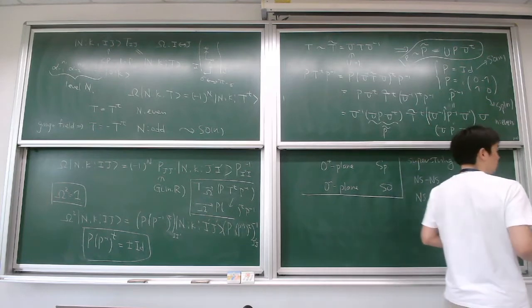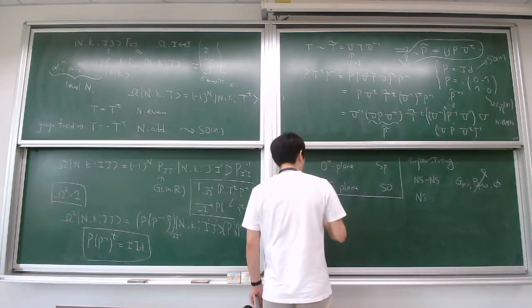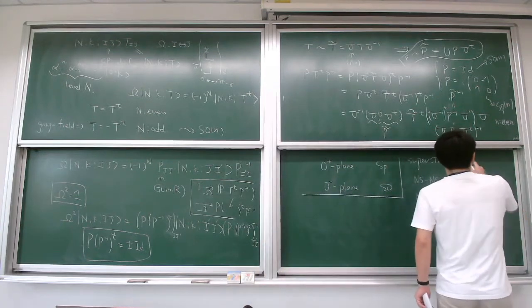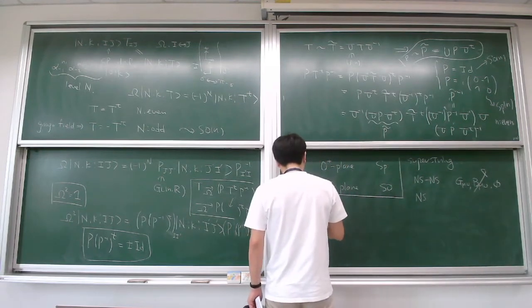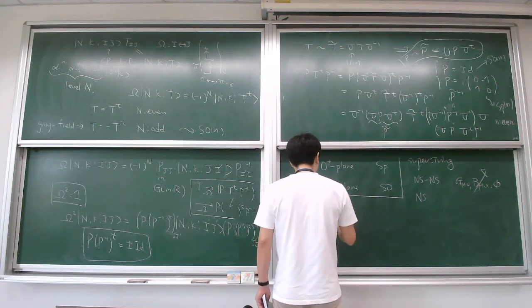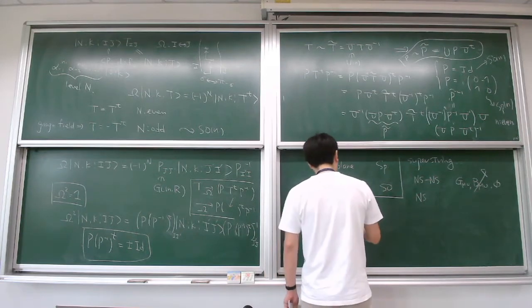Oh yeah, I forgot to mention one important thing. We just considered superstring of type 2. So we have type 2A and type 2B. One is picked after GSO projection.